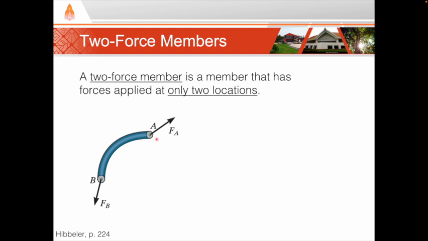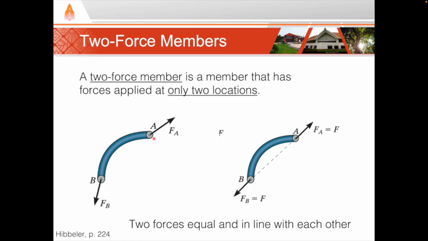There's force A and force B. For this member to be in equilibrium, we would find that FA must equal FB. Therefore, we know that FA and FB have the same magnitude, and we also know that they act in line with each other. Therefore, FA and FB are equal and opposite in direction.